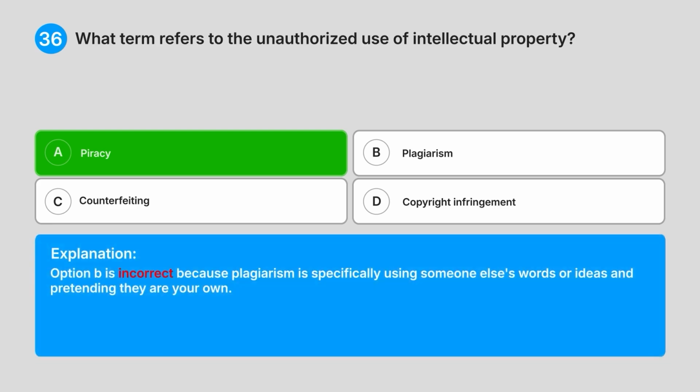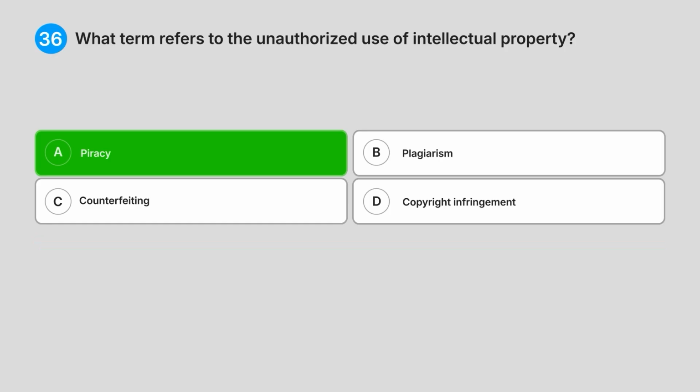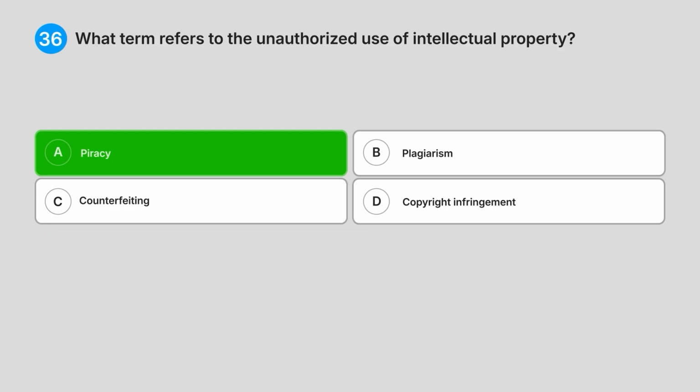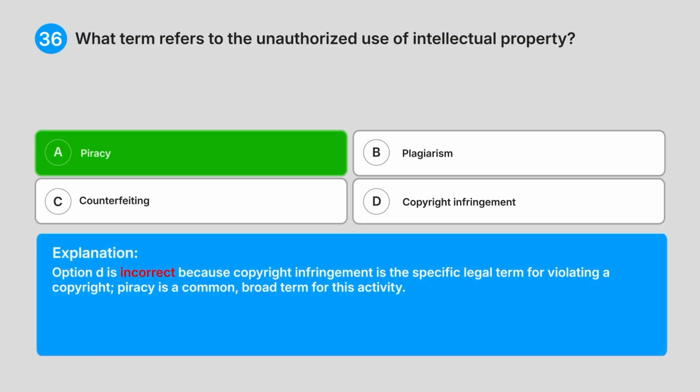Option B is incorrect because plagiarism is specifically using someone else's words or ideas and pretending they are your own. Option C is incorrect because counterfeiting is making fake copies of branded goods. Option D is incorrect because copyright infringement is the specific legal term for violating a copyright. Piracy is a common, broad term for this activity.